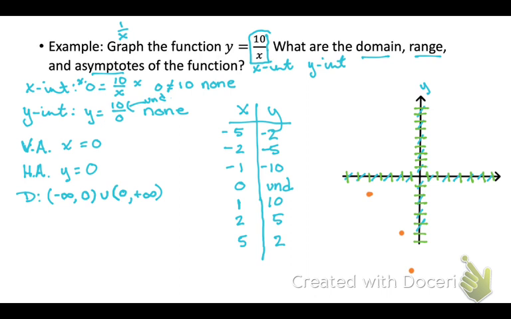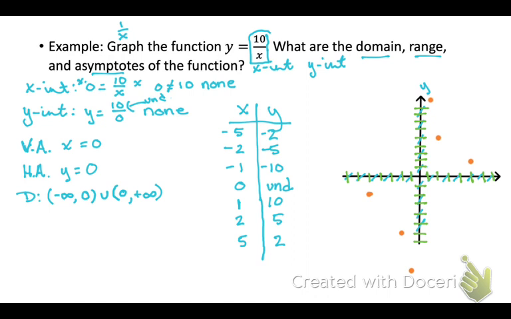Can you kind of see the curve, what it's going to do? Yeah. Okay. And then when I go to 1, it's 10. And when I go to 2, it's 5. And when I go to 5, it's 2.